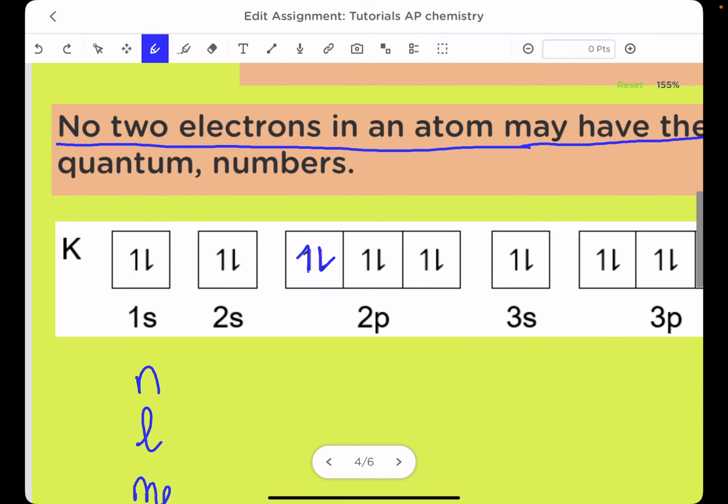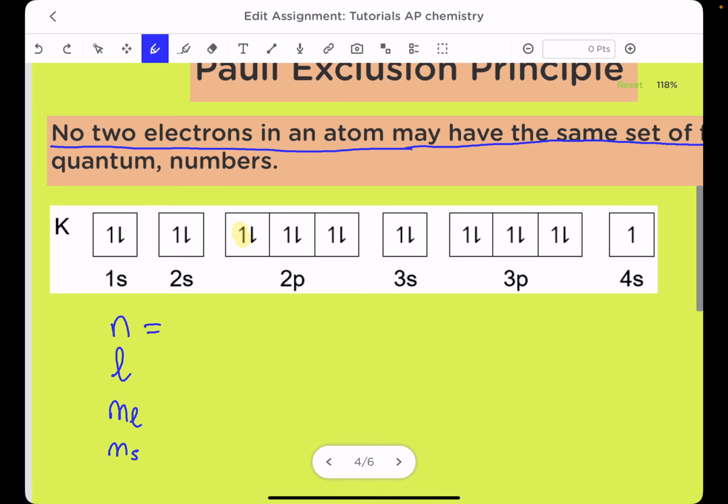For the first one, I'm going to highlight it and represent its four quantum numbers. The n of this highlighted electron is equal to 2 because this electron is in the p, specifically the p of level 2.